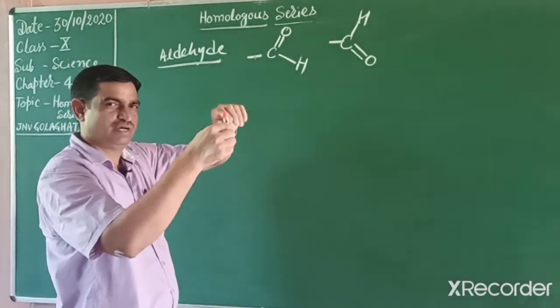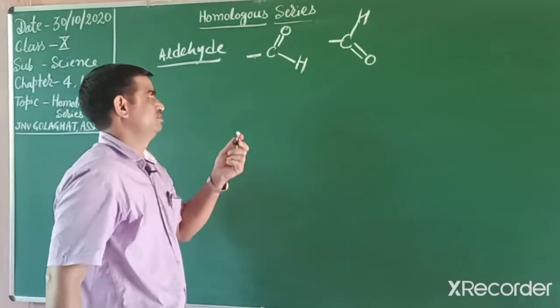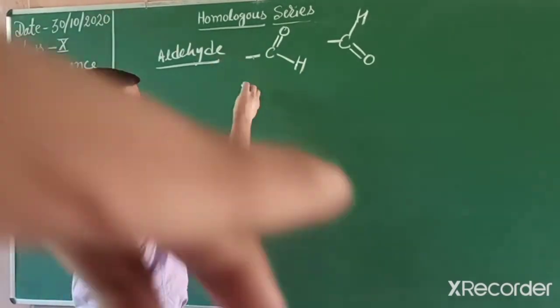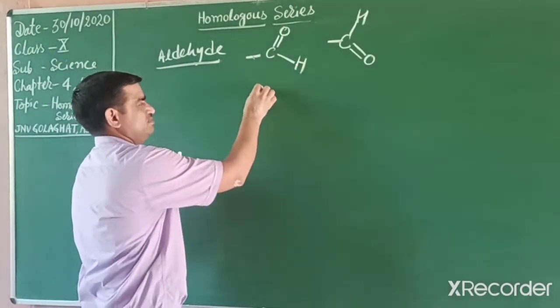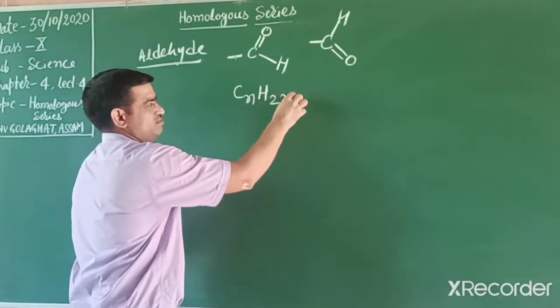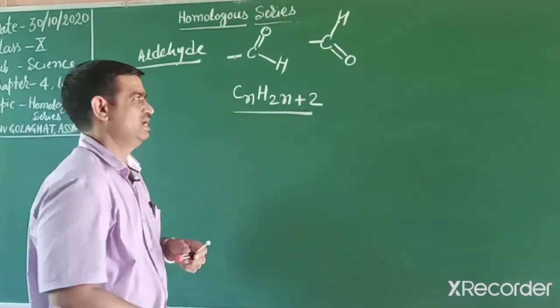So again its property changes and the molecular formula also changes. What do we change in that general formula? CnH2n+2 is the general chemical formula for alkane.